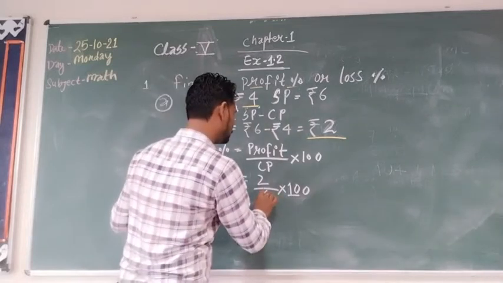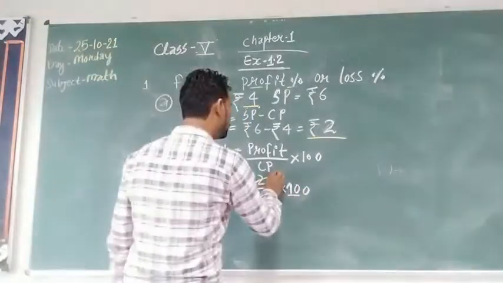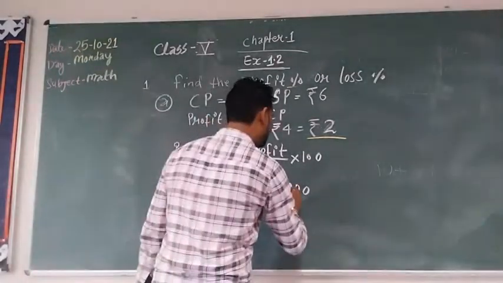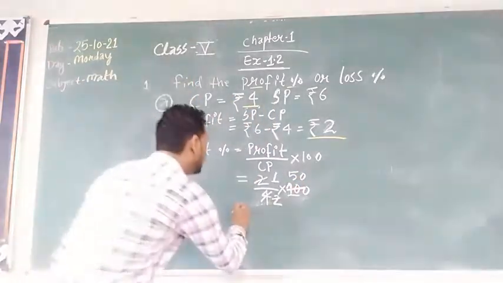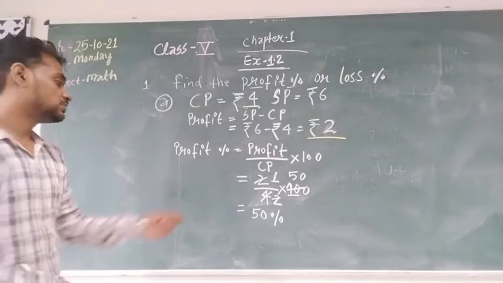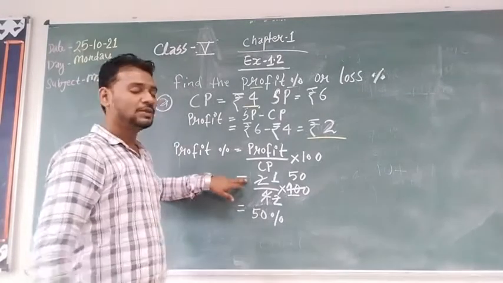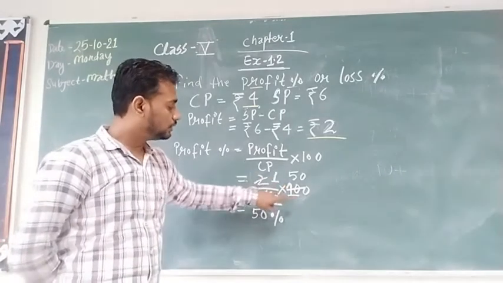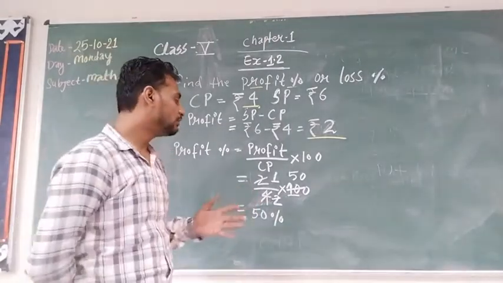Now, 2 ones are 2 and 2 twos are 4. Then 2 fifties are 100, so the profit percentage will be 50 percent. Basically we cut it by 2: 2 ones are 2 and 2 twos are 4, and when we divide 100 by 2, it gives us 50.